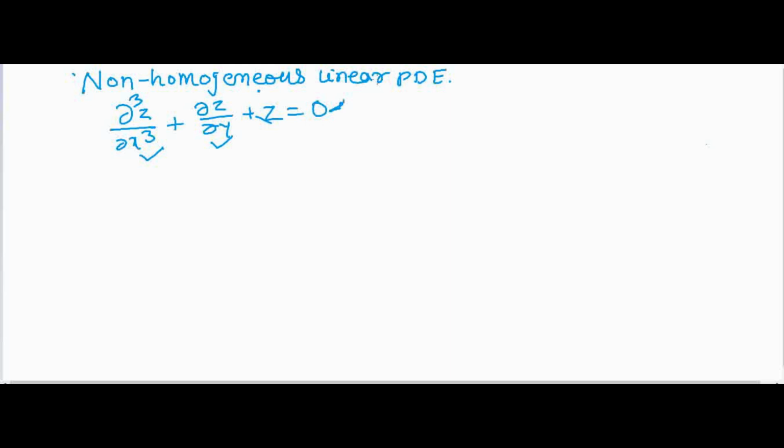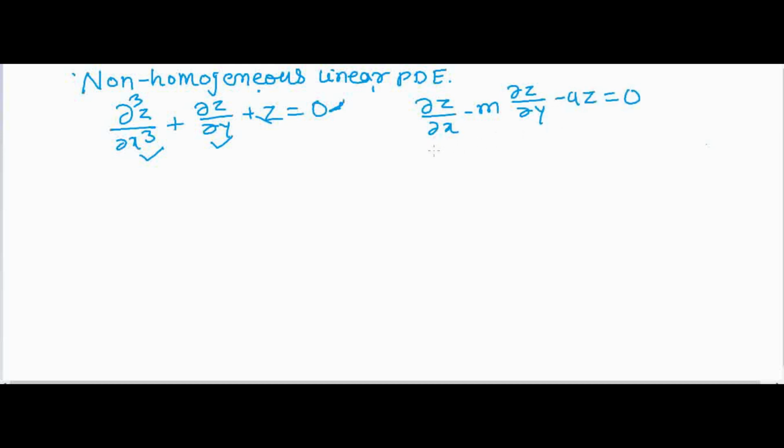In this video we will find the complementary function of a non-homogeneous differential equation. First, suppose my equation is of the type ∂z/∂x − m ∂z/∂y − az = 0.